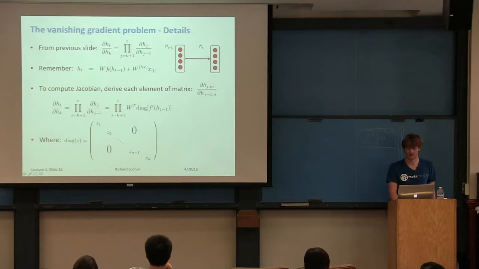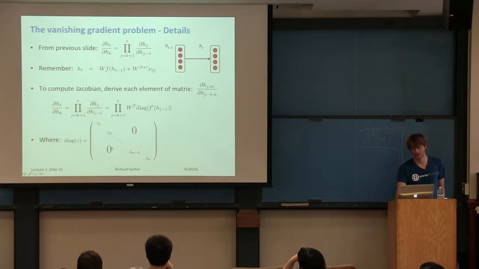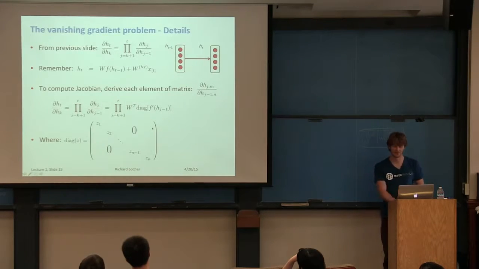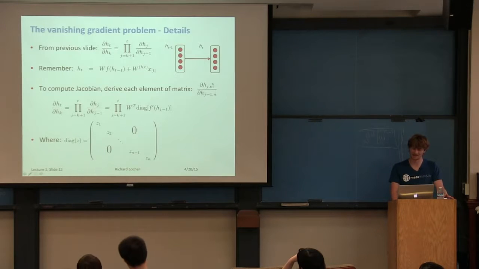So the diagonal of this derivative vector here is in this notation where we define all the elements on the diagonal to be exactly the elements of that vector, and all the off-diagonal elements are 0. And this will allow us to exactly define this h_j of each of the elements times the f primes here.